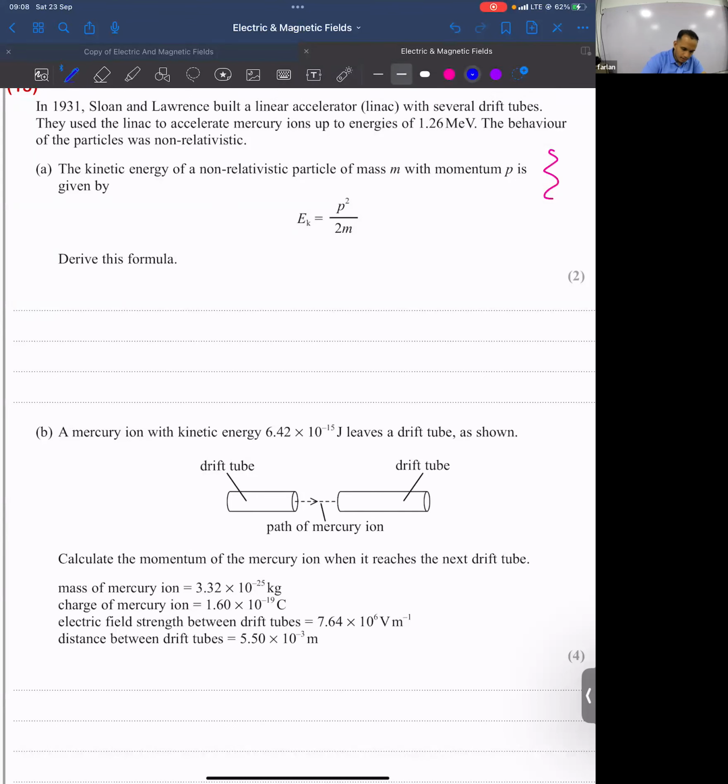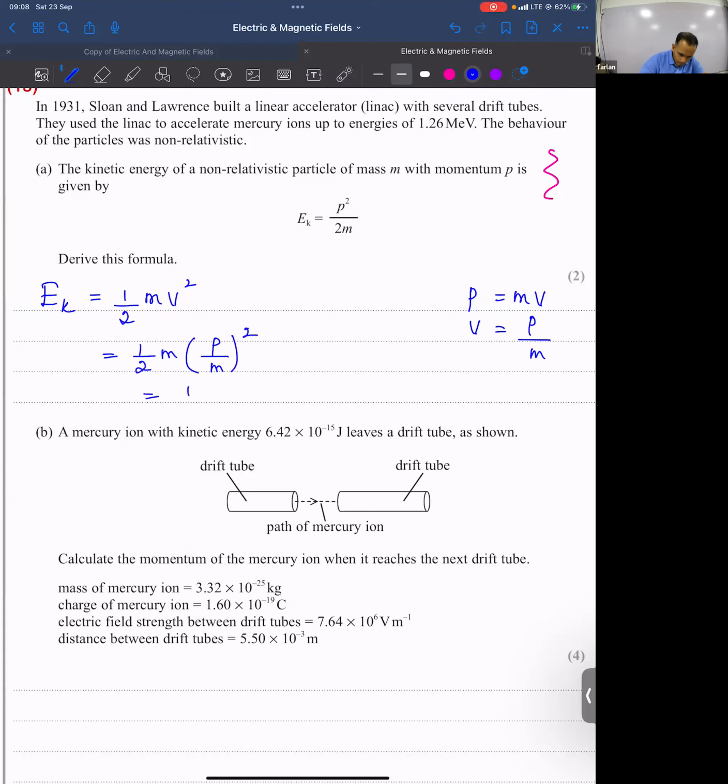So kinetic energy is given by Ek equals half mv square. And if you use p equals mv, v equals p over m. If I use that here, half into m into v square, v can be replaced with p over m, squared.